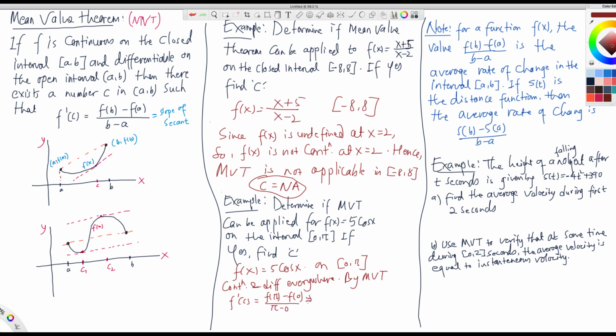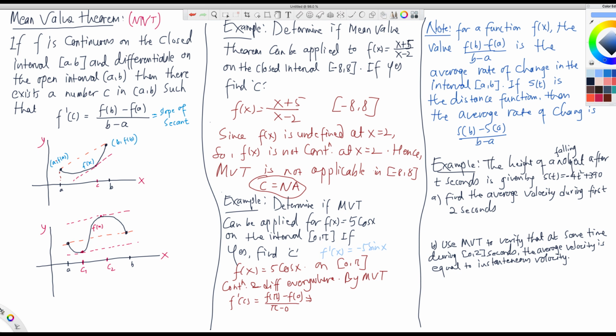So what does this imply? f of x is 5 cosine x. What will be f prime of C? So f prime of x will be -5 sine x, right? So what is f prime of C?